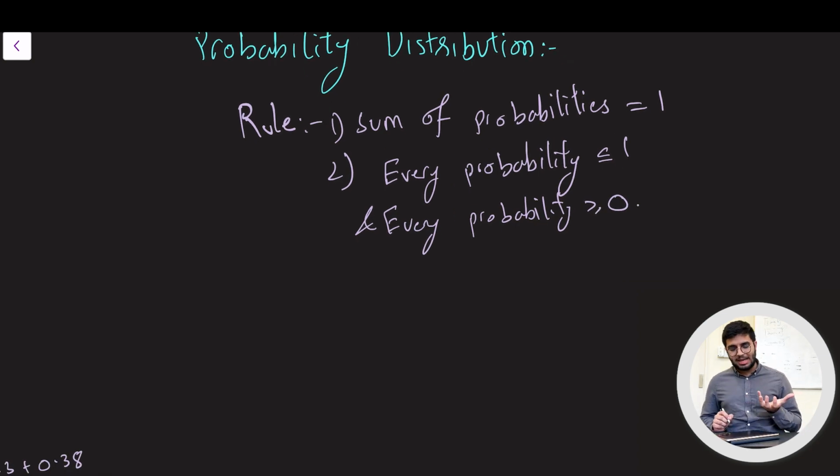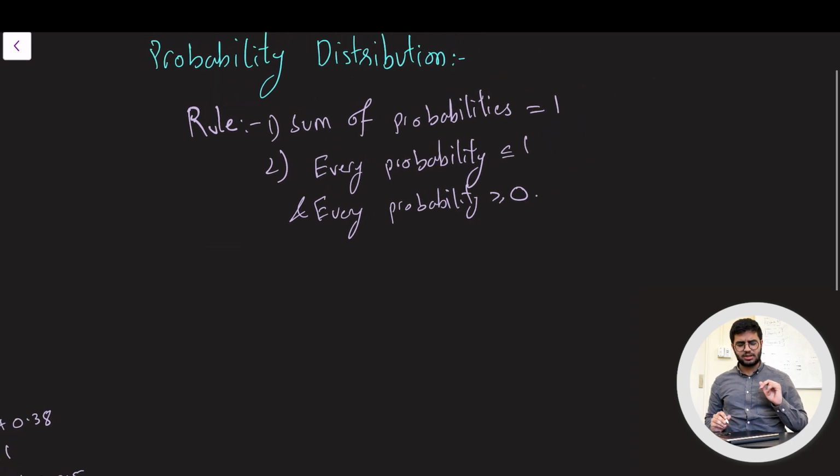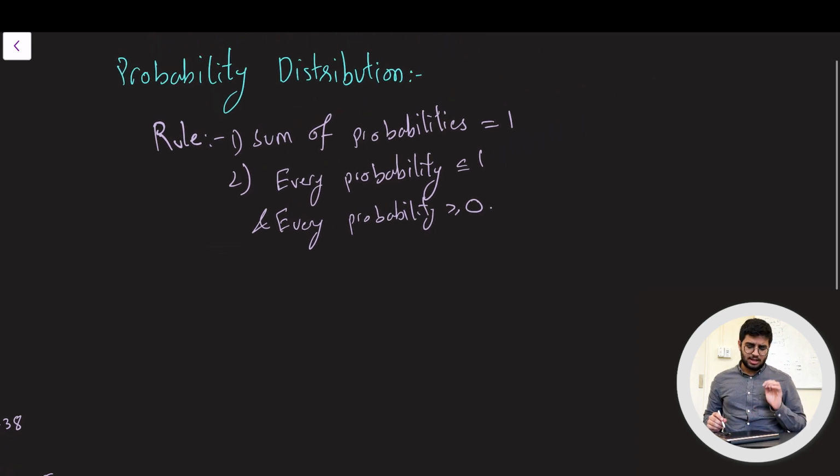Okay, it kind of makes sense. Like 0 is basically it can never happen. It doesn't make sense to have something less than that. What does that probability mean? And 1 means it's guaranteed to happen. What does anything above 1 mean? Therefore, it has to be between 0 and 1. Okay, so that is our rules.